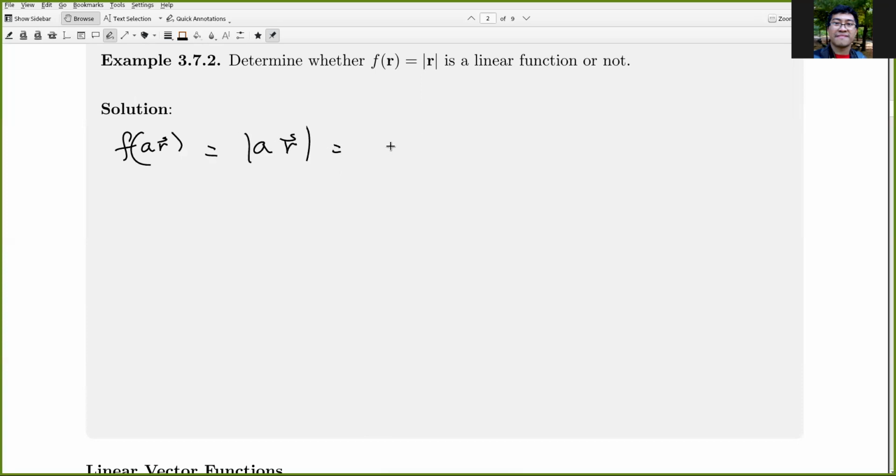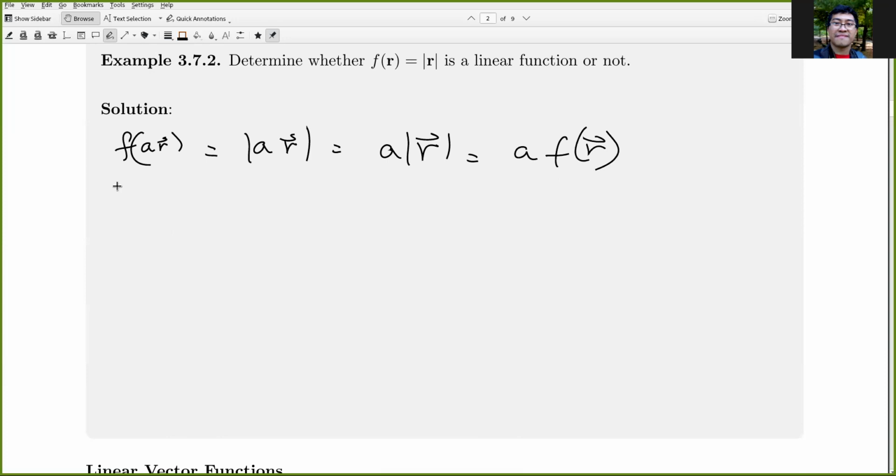You can always factor out the constant a in the absolute value, or the square root, or the distance. A times the distance is just a factored out times the distance of r, which is just a f of r. So the second condition is satisfied.